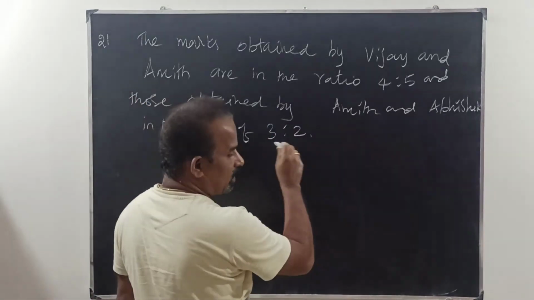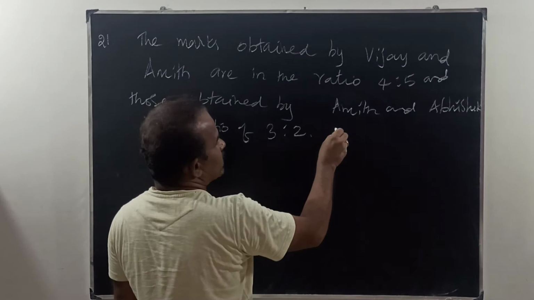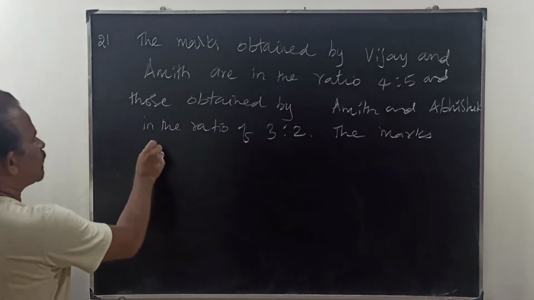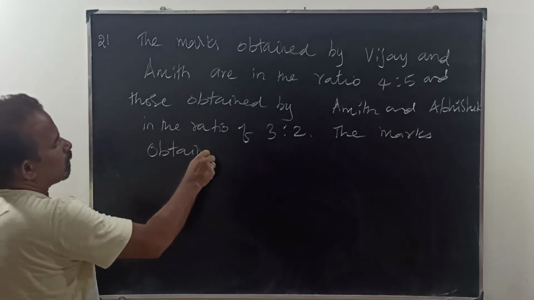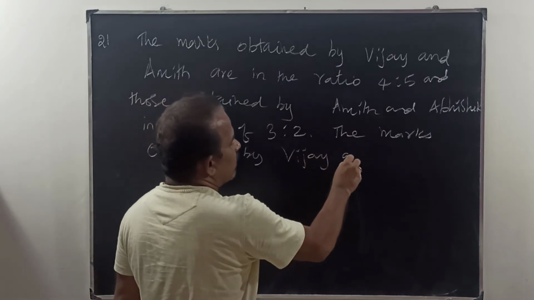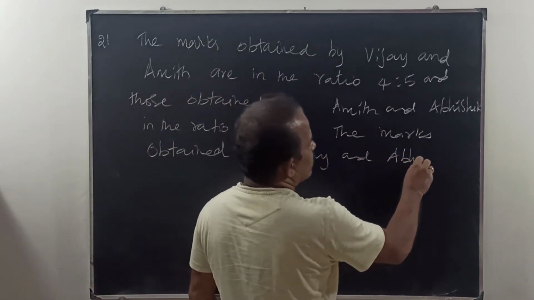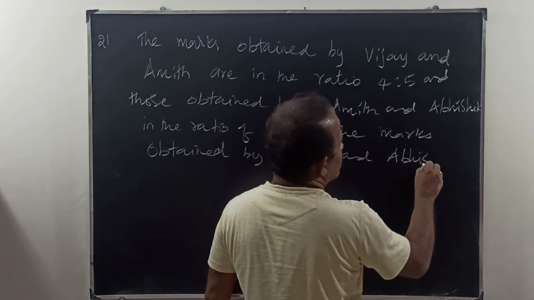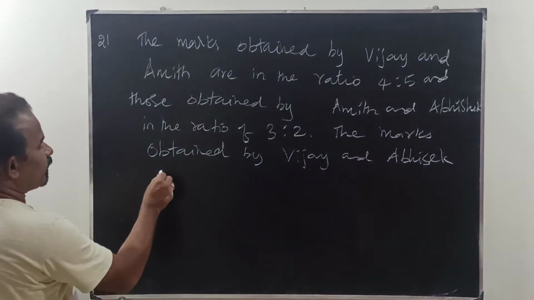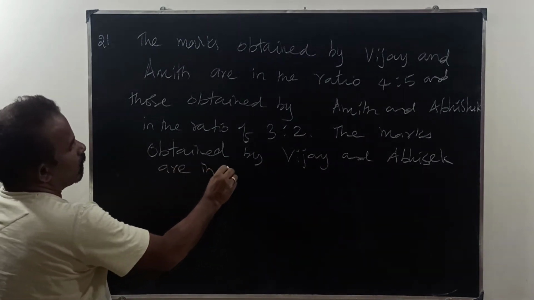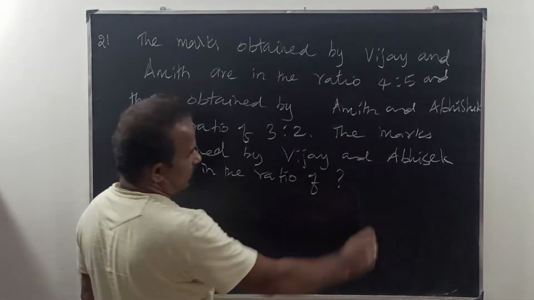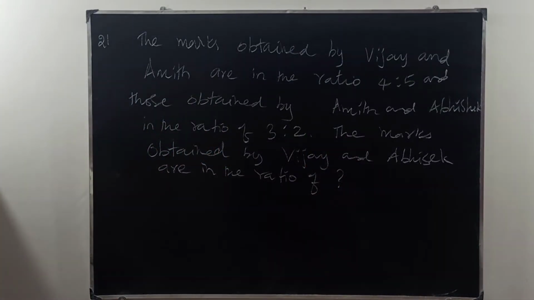The marks obtained by Vijay and Abhishek are in the ratio of what? This is the question.